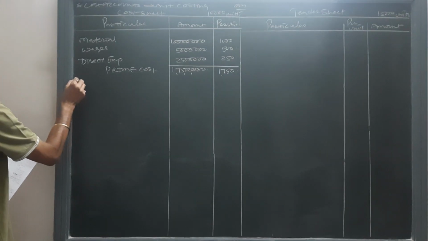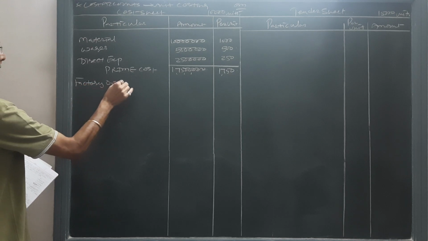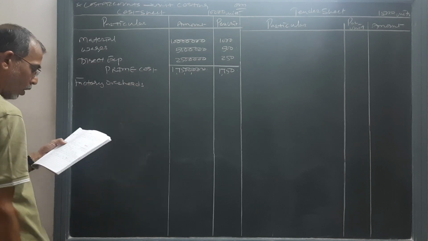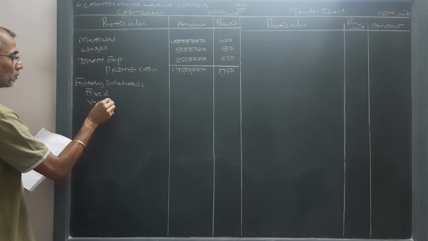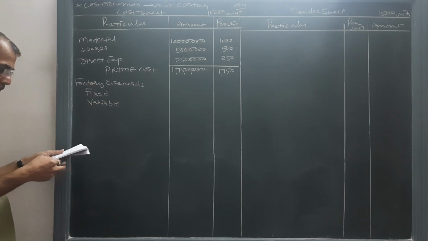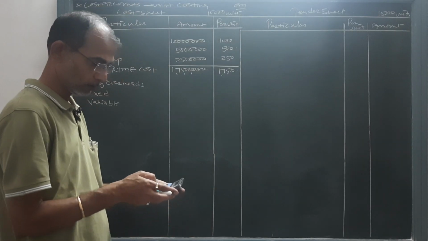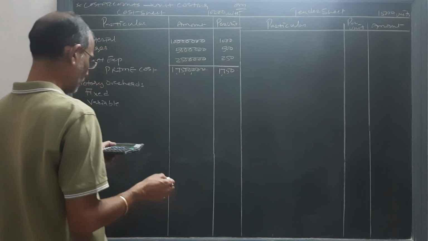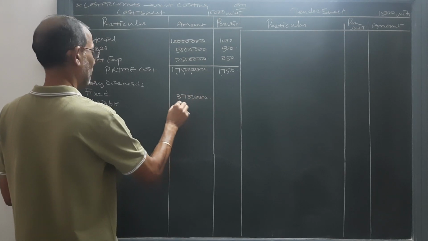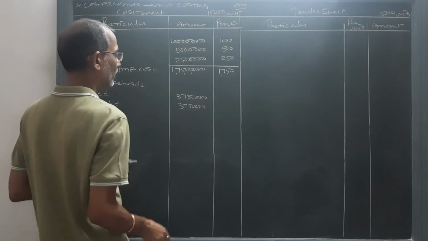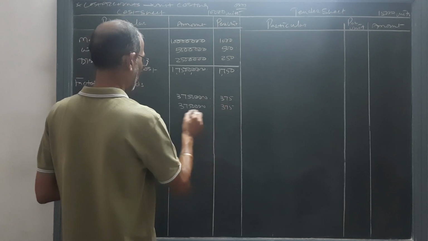Then after factory overheads are added, out of which there are fixed and variable. 75 lakh are total factory overheads. 37 lakh 50,000 are fixed and 37 lakh 50,000 are variable, so 375 and 375.